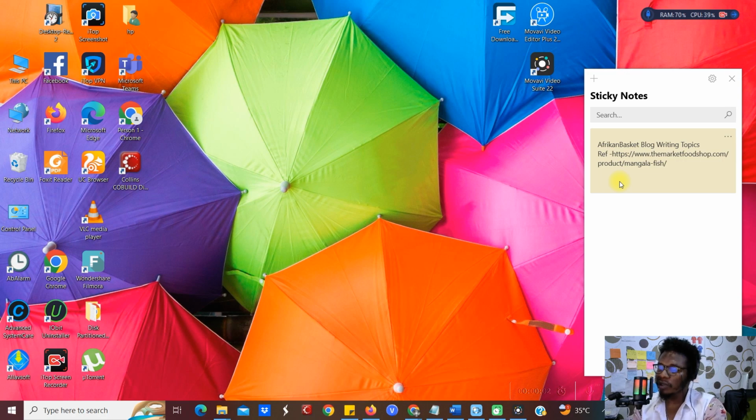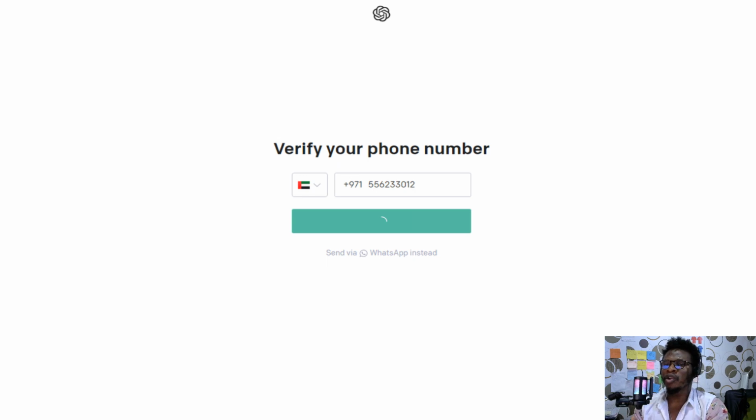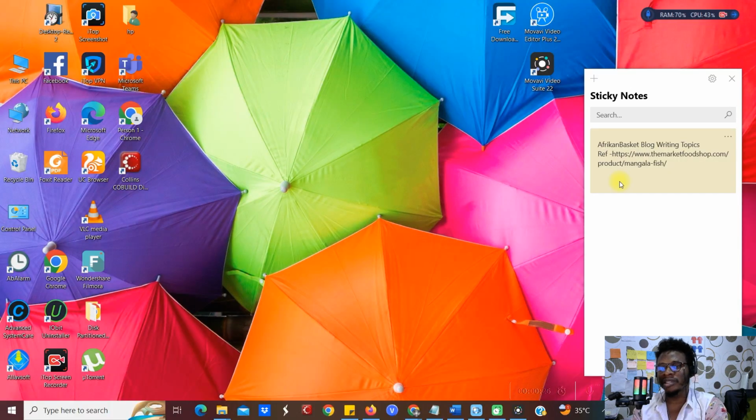All right, without further ado: why does ChatGPT require your mobile phone number and other sensitive information during a new account setup? That is the most critical question to ask. If you go on Google, by the way, you will find that this question seems to be one of the trending questions on the subject.